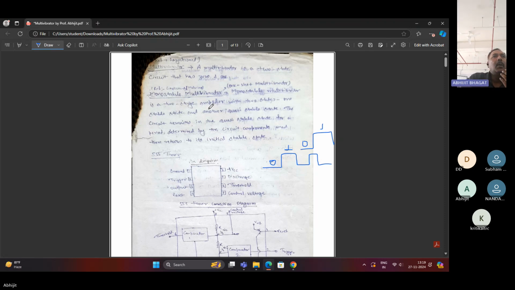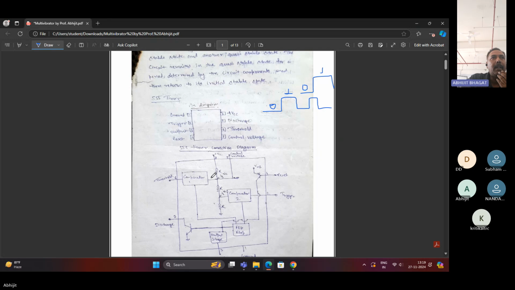Now, for designing the multivibrator, we use the 555 timer, which is an IC. The 555 timer IC is used for designing a multivibrator. You can see this is the pin diagram of the 555 IC.